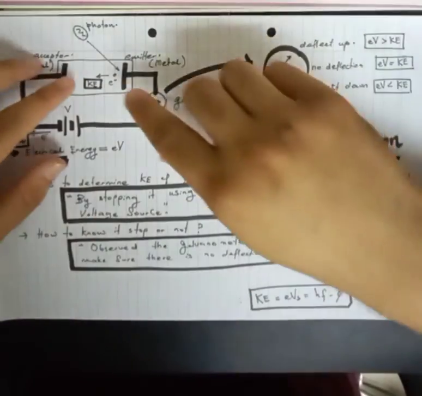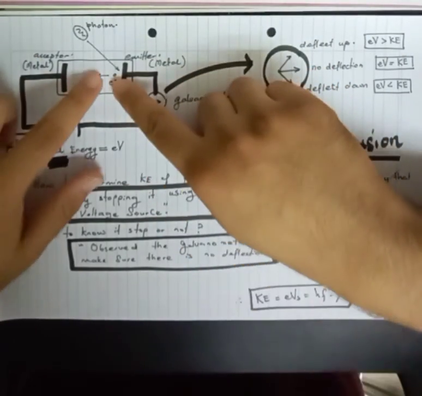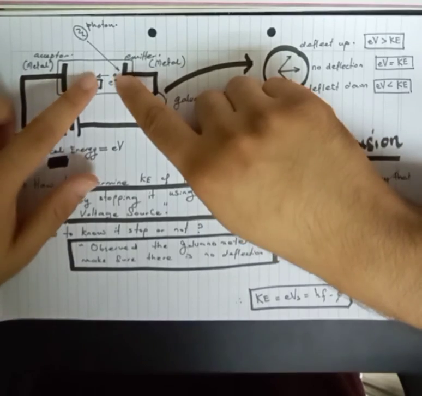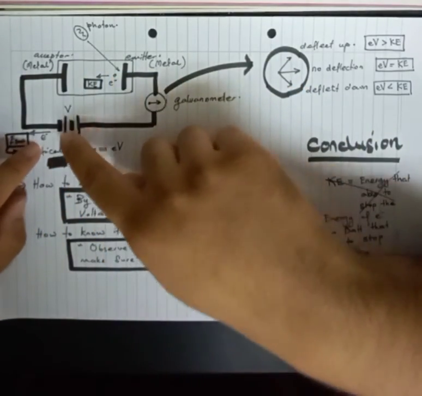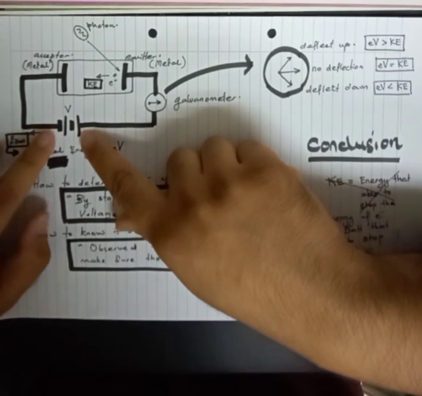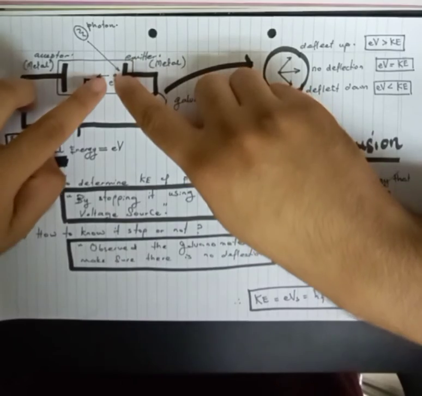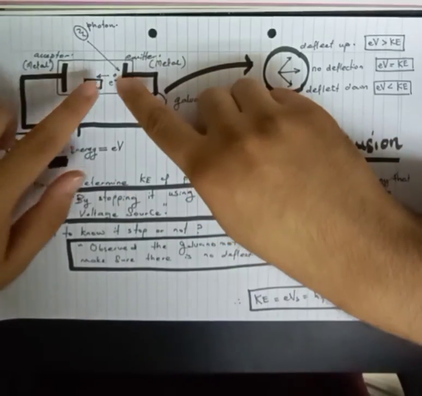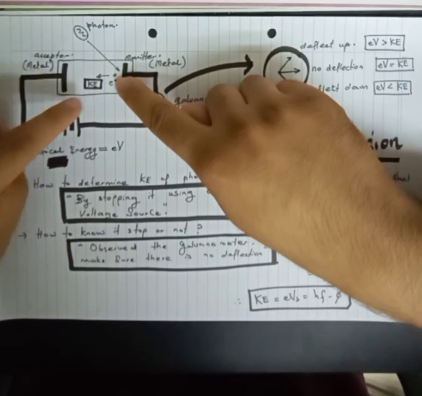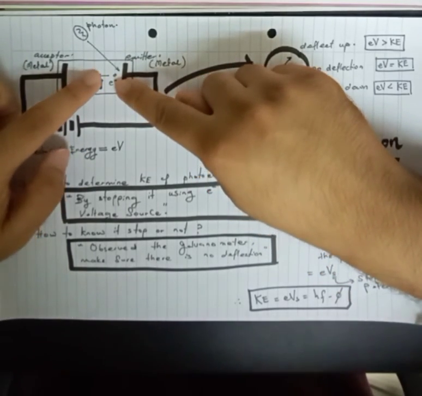To measure the kinetic energy, we need to stop this electron. Okay, how to stop it? By using this electron. We can consider the battery as the gun, this electron as the white ball, and this electron as a black ball. If we are able to stop this electron, it means the energy we supply to this electron is equal to the kinetic energy of this electron.